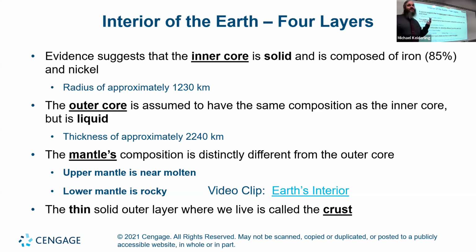The upper mantle is nearly molten, so it's sort of gooey. This is what the tectonic plates are sliding across, while the lower mantle is rocky. And then the thin, solid outer layer we live on is called the crust. And that's made of less dense, lighter minerals. There's also the layer immediately below the crust in the mantle that is also rigid, and that is what the tectonic plates are made of. We'll get into that in a bit.